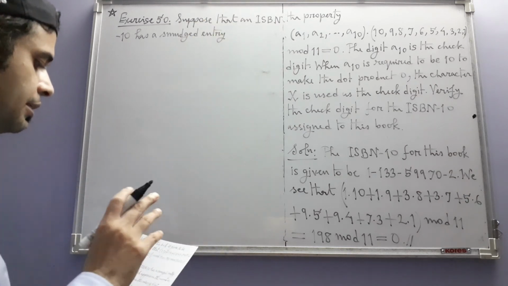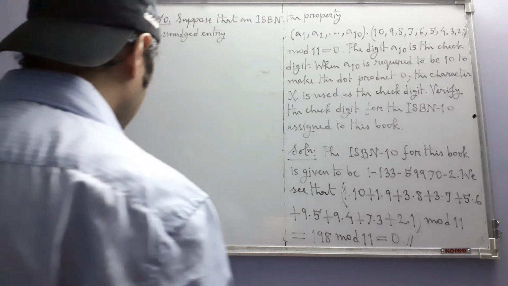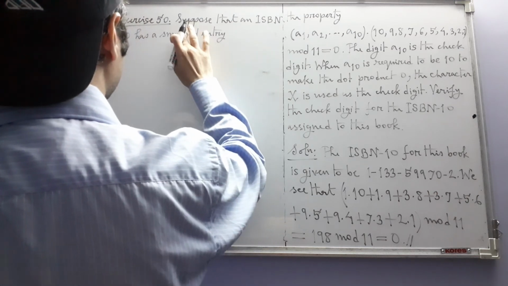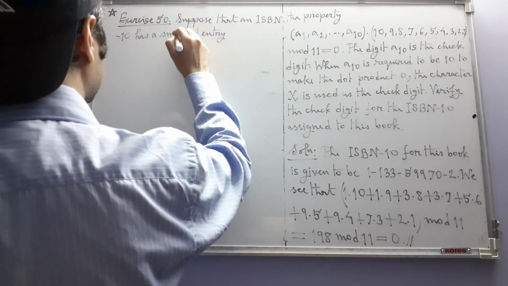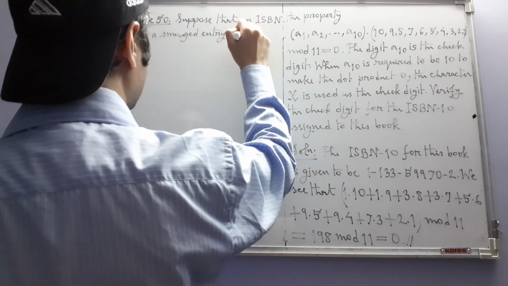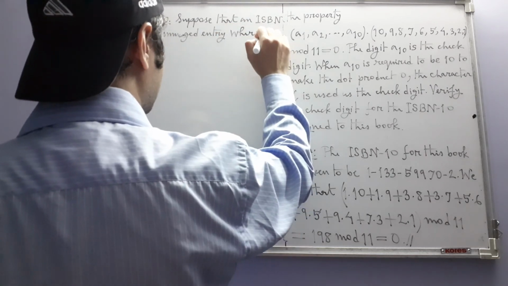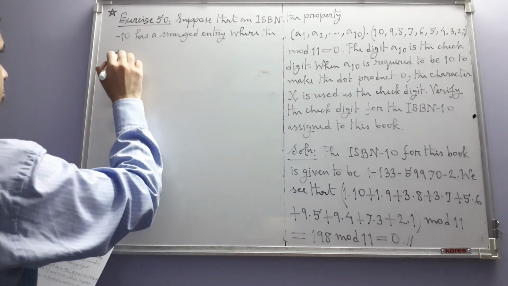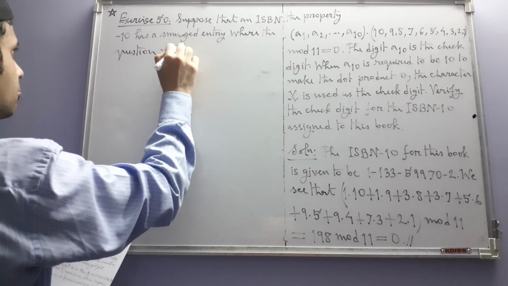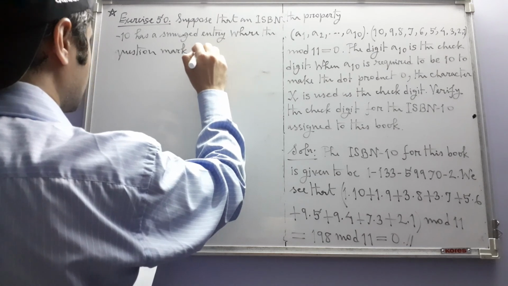That is, one of its digits has a smudge and cannot be made out. The smudged entry, where the question mark appears in the number.